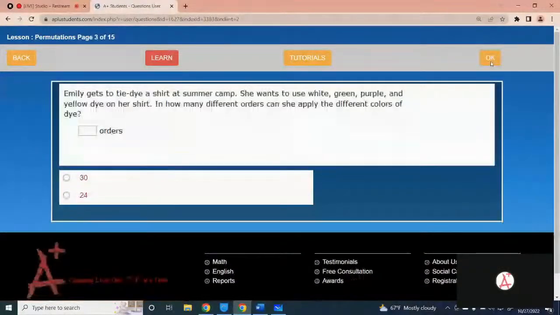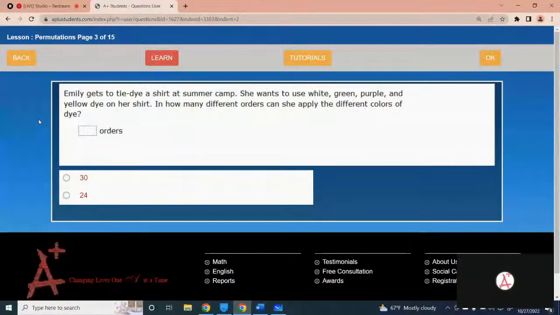Okay, the next one is Emily gets to dye a shirt at summer camp. She used white, green, purple, and yellow dye on her shirt. How many different orders can she apply the different colors of dye? So she has a total of four options because you have four colors: white, green, purple, and yellow.